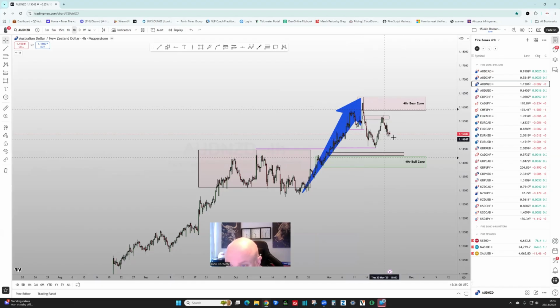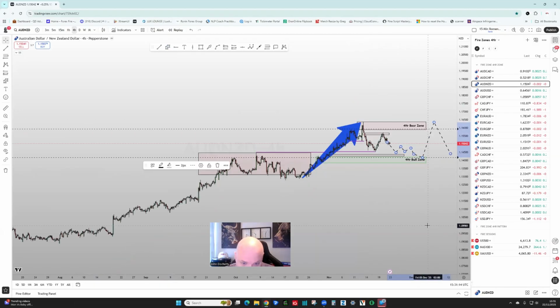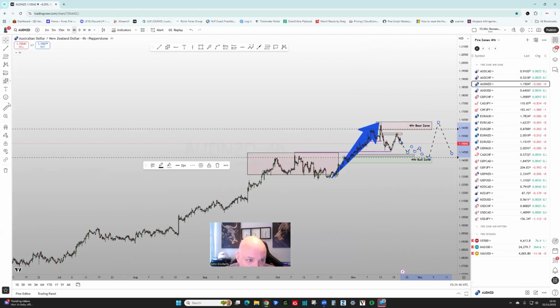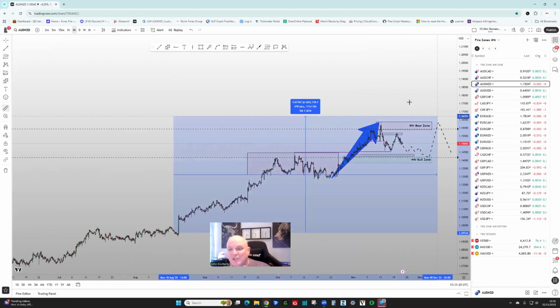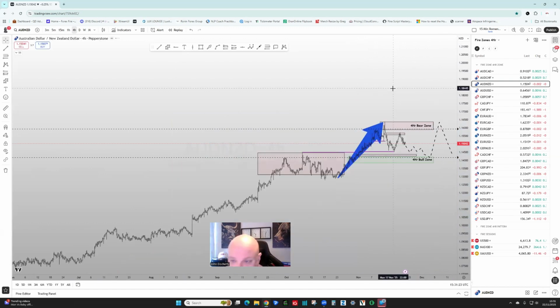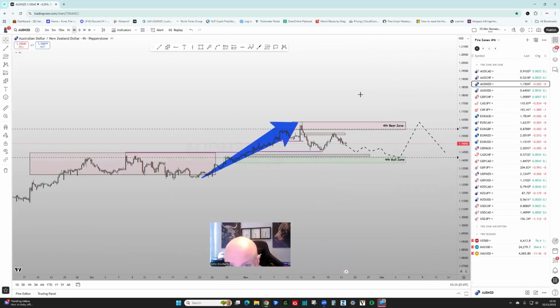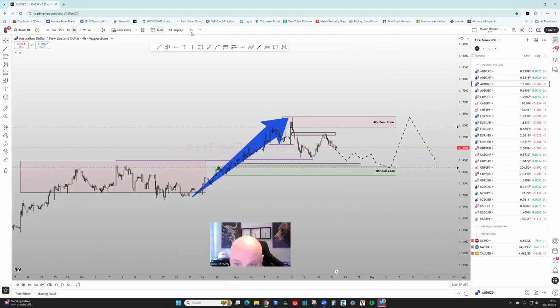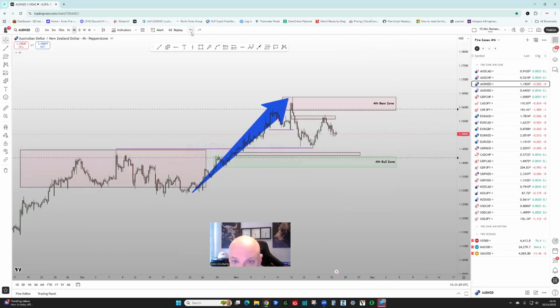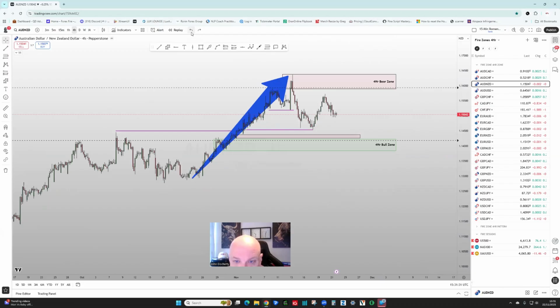So I do think we could possibly come down, maybe tap into this area first, and then we may want to try and push higher, maybe even sweep this, and then it might want to start crashing down because there's very, very big momentum to the upside here of nearly 700 and odd pips. So what goes up must come down eventually. Okay, so again, just see if I can get rid of these without spoiling what we have at the moment.